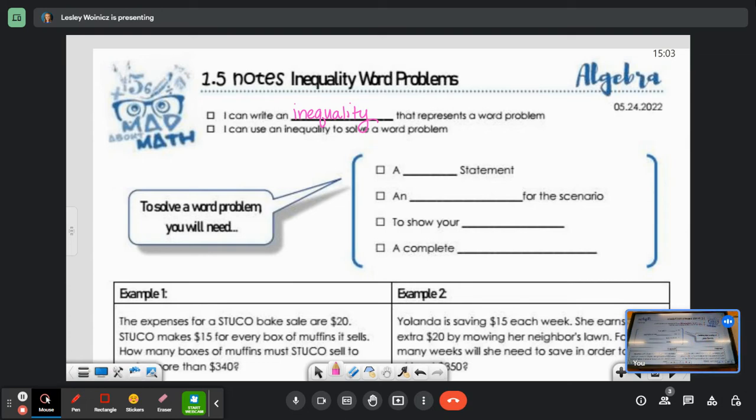So we have a very similar checklist for inequality word problems compared to word problems with equations. What is the first thing we need? A let statement. All right, what about next? It was an equation, but now we're going to write an inequality.